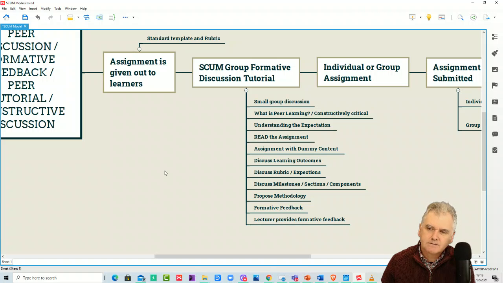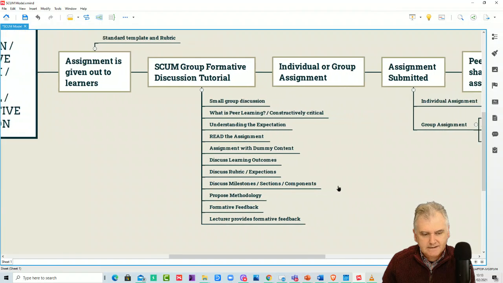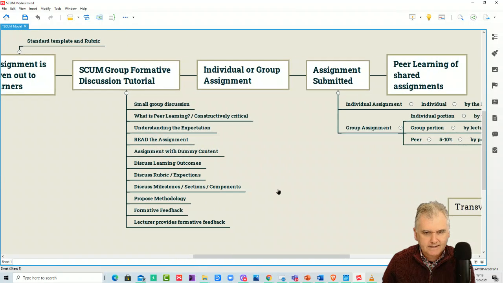It allows formative feedback to happen, either from peers or from lecturers. It also helps to clarify the expectations of the assignment. The focus is not on what's the answer. The focus is on how you get to the answer. How do you construct it? What's the methodology to develop that? And as a learning mechanism and a formative feedback mechanism, it would be easy to do.